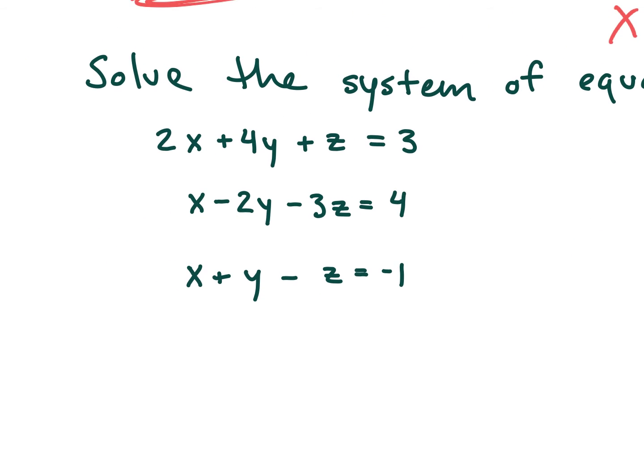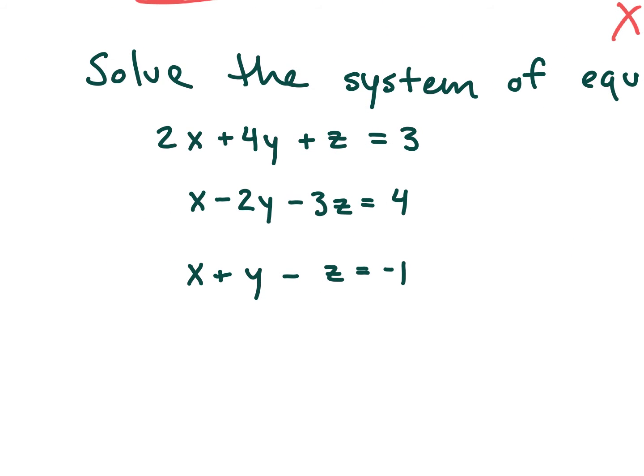But what is the rule I told you yesterday? Your first equation has to start with what? A positive 1x. Does the first equation right now start with positive 1x? No. Is there an equation in this set of 3 that starts with a positive 1x? Yeah, the second one or the third one.